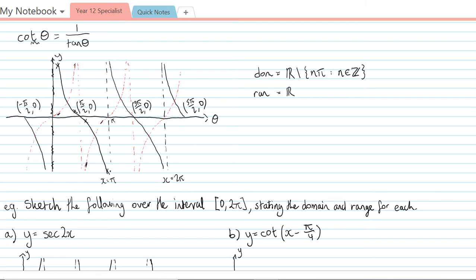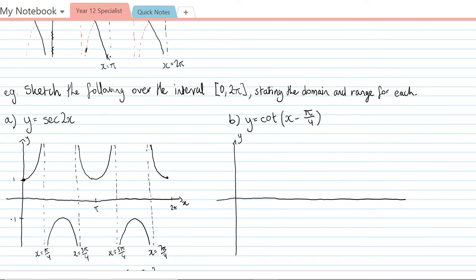Normally it has an intercept at pi on 2. So that's moved across pi on 4 units to the right. If I break this up into intervals of pi on 4: pi on 4, pi on 2, 3 pi on 4, and then pi, 5 pi on 4, 6 pi on 4, 7 pi on 4, and 8 pi on 4, which is 2 pi.